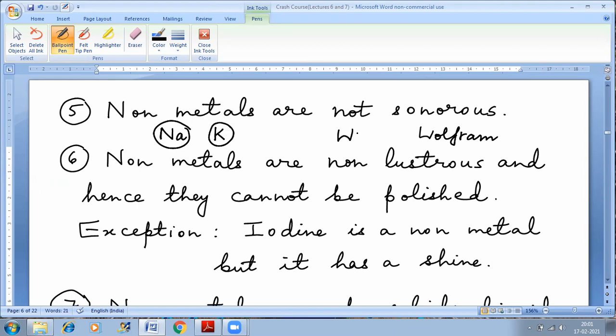Similarly, for tungsten, we write W. W stands for wolfram. So WOLFRAM. Check the spelling.